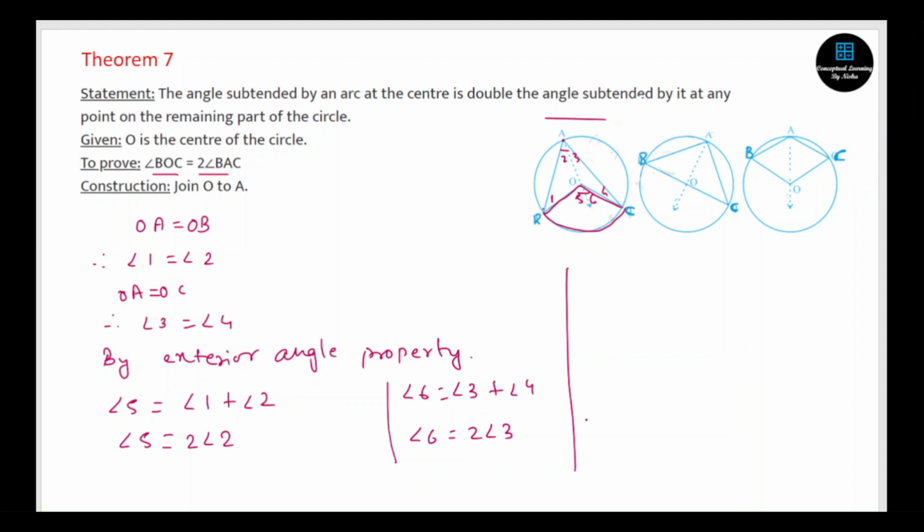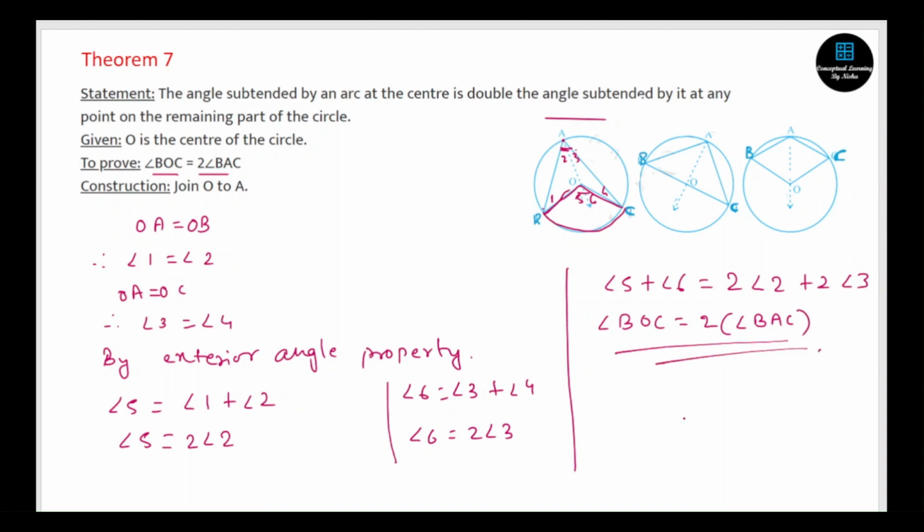Now if I add angle 5 and angle 6, angle 5 plus angle 6 is equal to 2 times angle 2 plus 2 times angle 3. Now angle 5 and 6 together is nothing but angle BOC. So angle BOC equals 2 times angle 2 plus angle 3. Angles 2 and 3 make angle BAC. Hence we proved it.